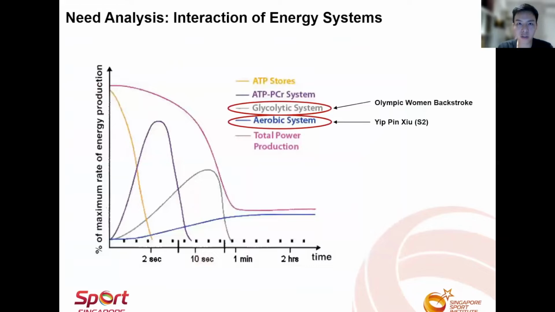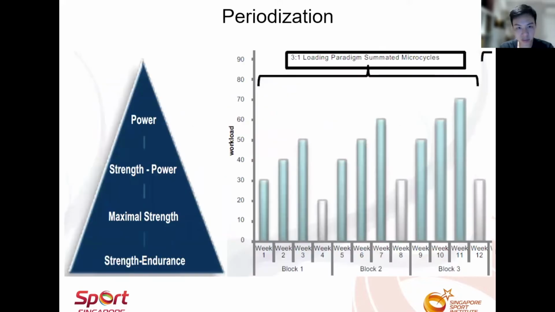If you look at the energy systems interaction-wise, a typical Olympic women's backstroke swimmer will use the glycolytic system, while for para swimmers, she's looking more at the aerobic system, even though both are swimming 50 and 100, because of the limitation of not being able to use her lower limbs, there's extra time taken for it.